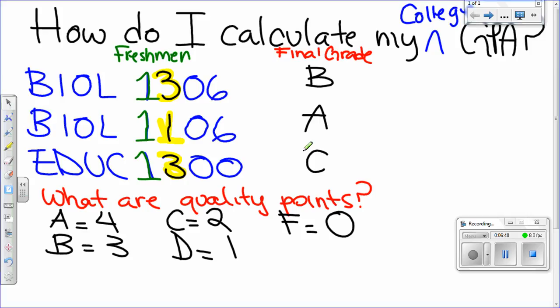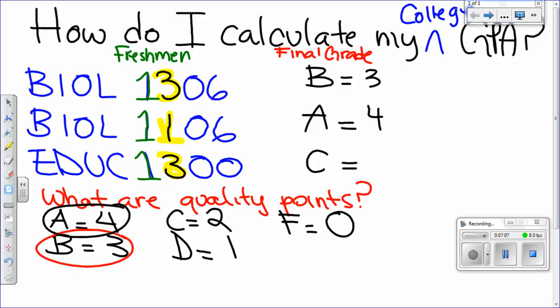Okay, now we're going to use our conversion. We know that a B will give us 3 quality points. An A will give us 4 quality points, and a C will give us 2 quality points. Okay, now we need to consider the number of credit hours.